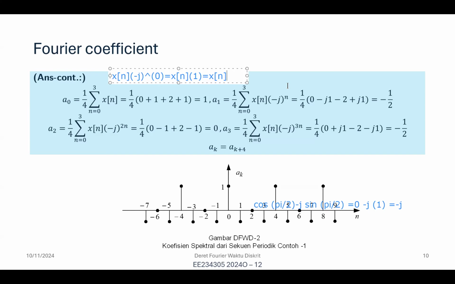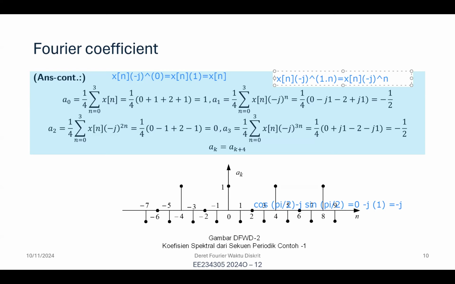How about A1? So for A1 here we have x[n] times minus j to the power of k times n. So k is 1 times n, which is the running part. So x[n] times minus j to the power of n.